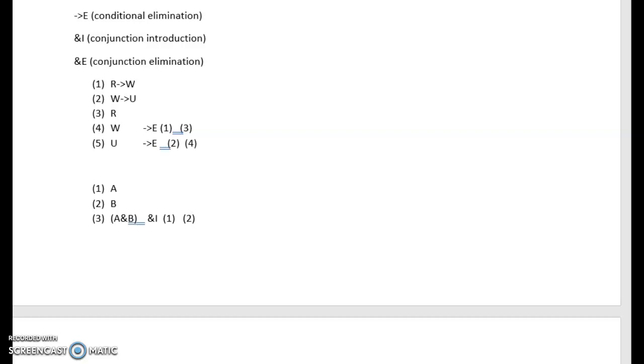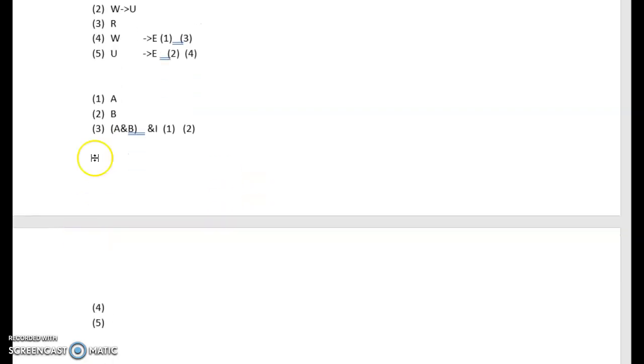Now, going on to the next page, I could, in fact, make this A and (A and B) with another conjunction introduction, right? I'm literally introducing a new conjunction.